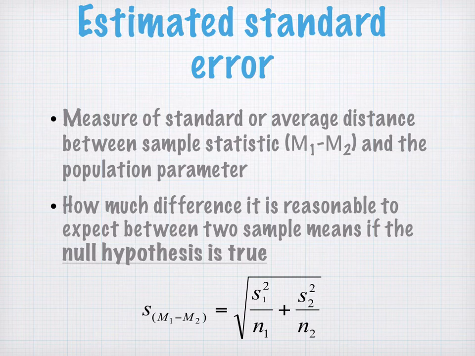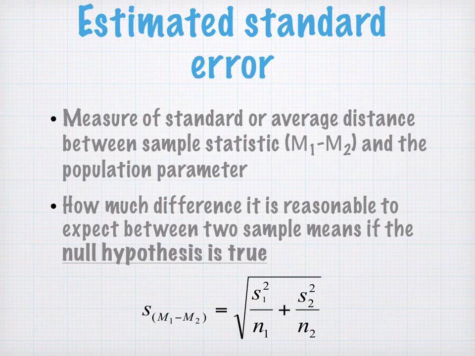And you notice that in your t statistic on the previous slide. Under the square root, we've got the estimated variance for group 1 divided by the number of subjects in group 1, and the estimated variance for group 2 divided by the number of subjects in group 2, and we add those together.